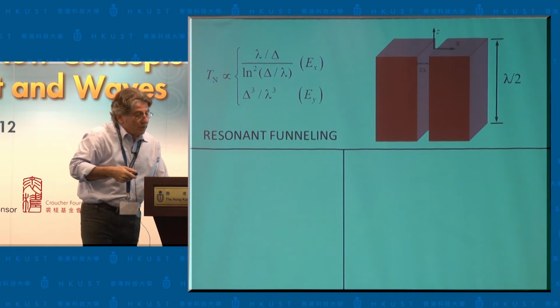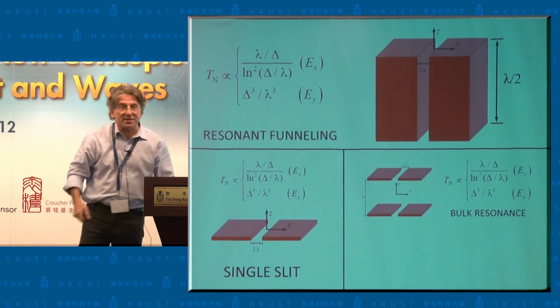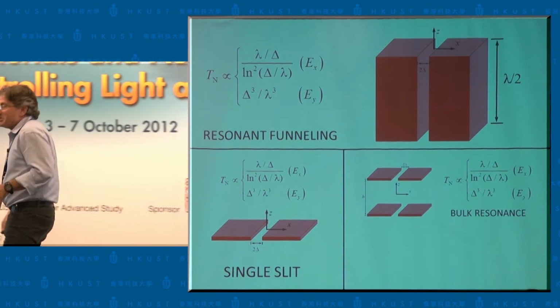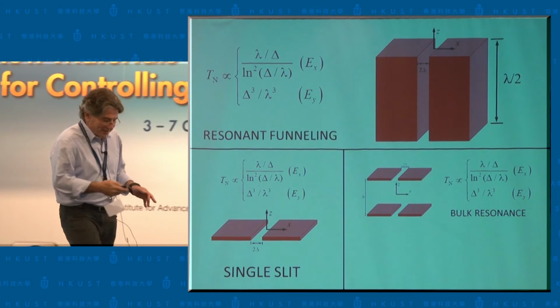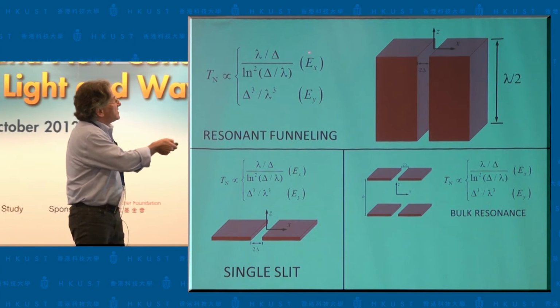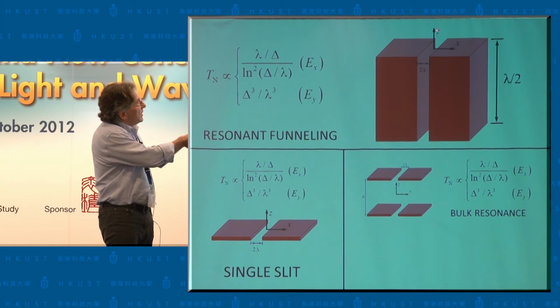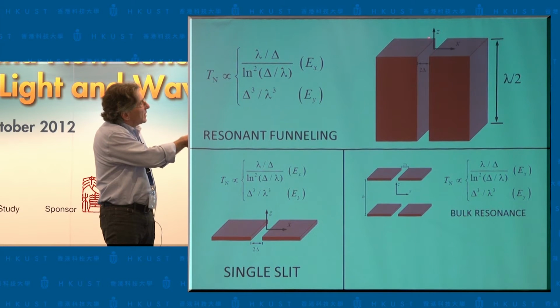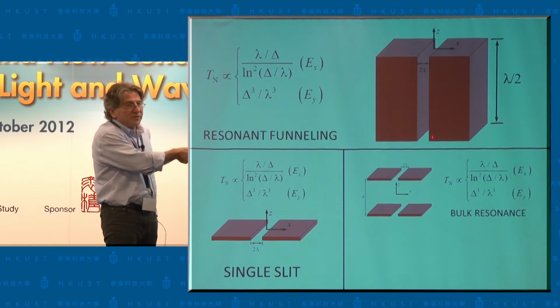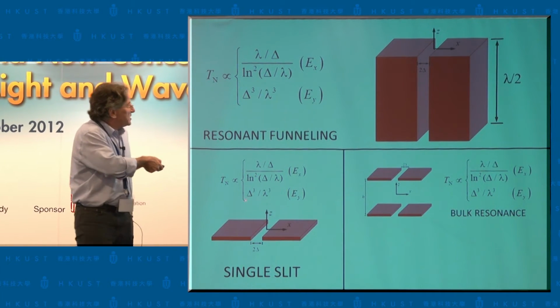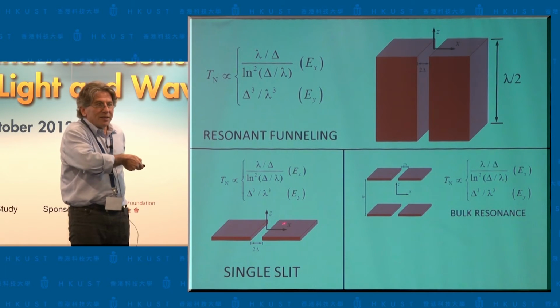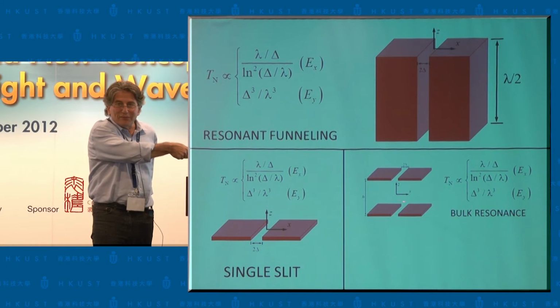So what I want to do is to compare 3 cases and tell you something that I think is kind of intriguing. So this is a slit carved in a piece of thick metal. This is a single slit, and this is the problem I've been talking about.